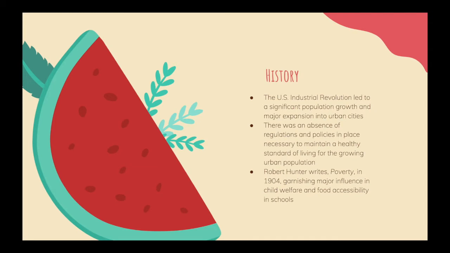With the population growth, there was an absence of regulations and policies in place necessary to maintain healthy living standards. That caused a lot of urban slums, as we know. And then by 1904, Robert Hunter writes Poverty, which makes major influences in the U.S. to essentially move a step forward towards child welfare and having better food accessibility in schools.